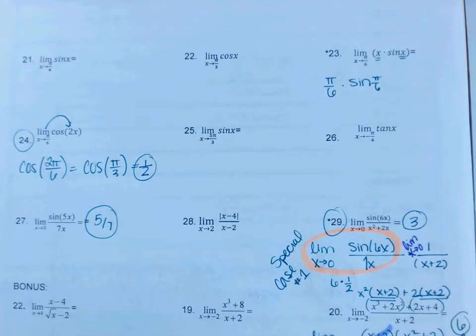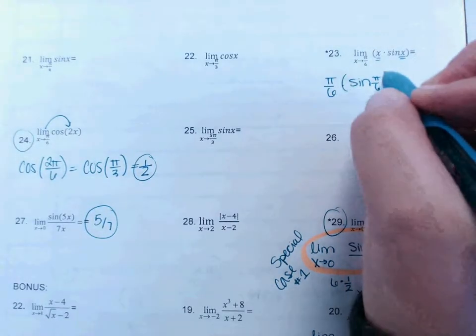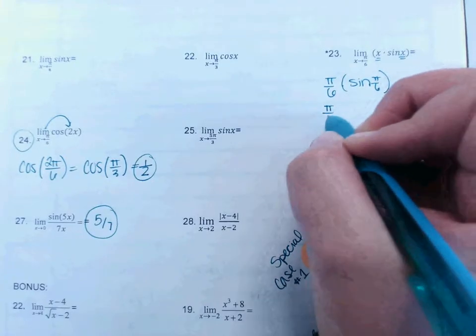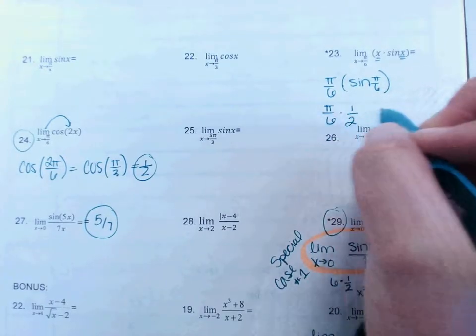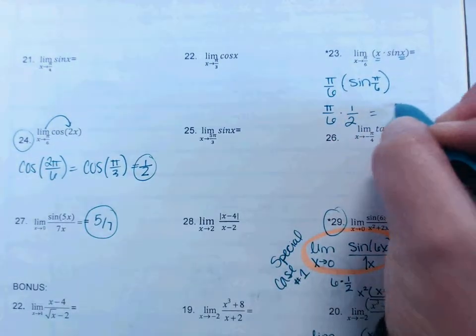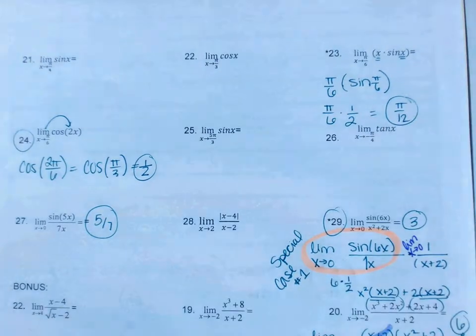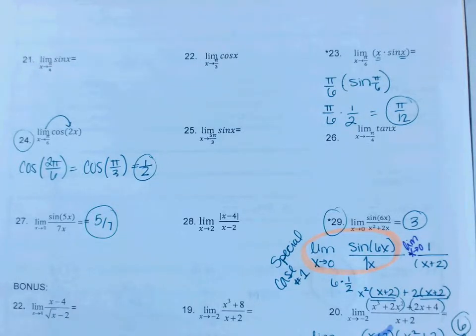And then I'll evaluate sine pi over 6, multiply it by the pi over 6 already in the front. What is the sine of pi over 6? Half. What is pi over 6 times 1 over 2? Pi over 12. When you are multiplying fractions, straight across the top, straight across the bottom. Easy? Yep.